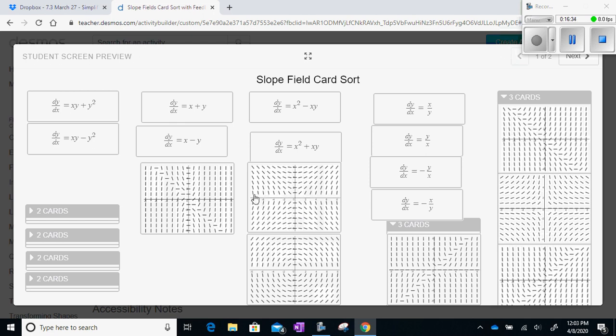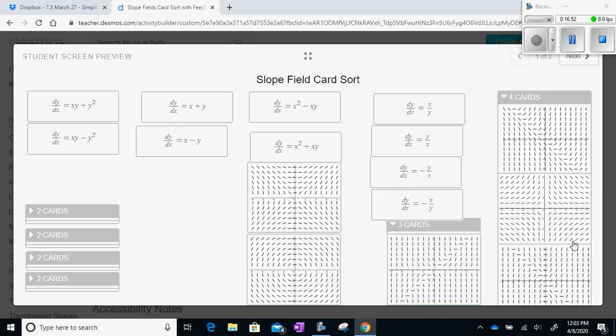The equation for the x-axis is y equals 0. So for both of these slope fields, when you let y equal 0, the slope is undefined, which means I'm going to have some kind of fraction with a y on the bottom for both of these. I'm just going to move this slope field away for a minute, and you see this one has a y on the denominator, and this one has a y on the denominator.